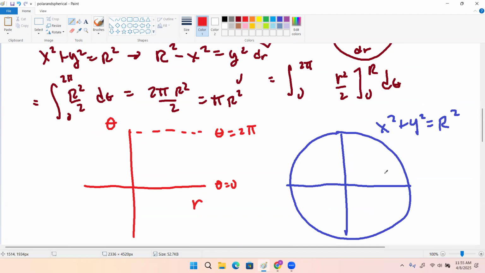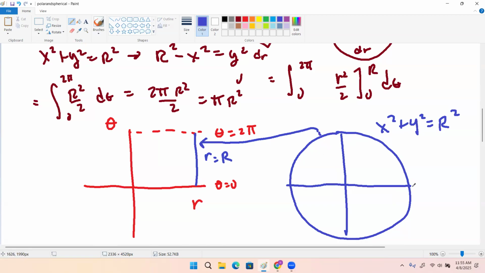And that goes all the way around. And this blue R is going to be R equals capital R. So what do you notice? This whole circle under this transformation is taken to this line segment.